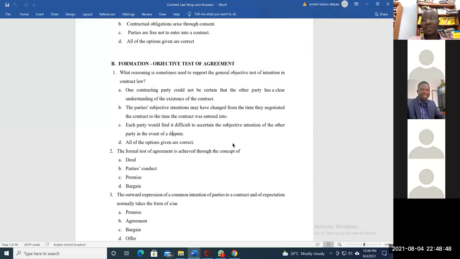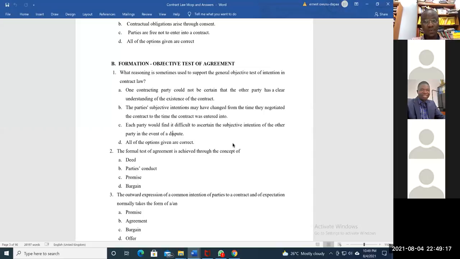But can we know what you are thinking in your mind, so that if there have been changes, how can we tell? So on that note, B is just like A. What about C? Each party will find it difficult to ascertain the subjective intention of the other party in the event of a dispute, and that one too is correct. So I think that the correct answer is D, not C.